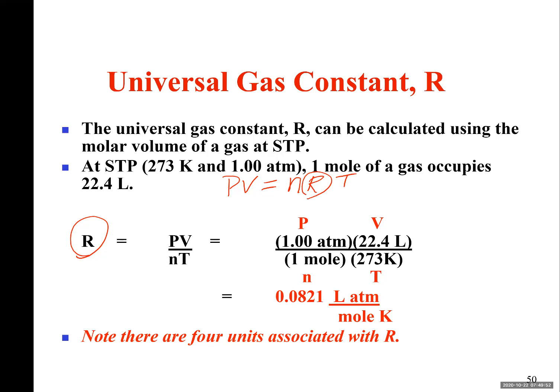Now you want to calculate R. How can I solve this equation for R? Can I divide both sides by N times T? T and T will cancel. N and N will cancel. I would be left with R only, which is equal to what? PV over NT.